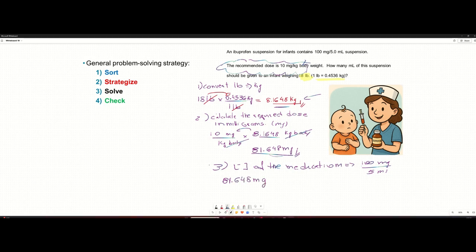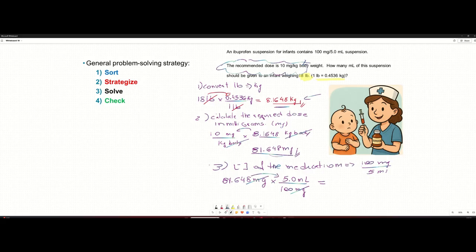This is what I needed, right? And I know that 5 milliliters contains 100 milligrams.